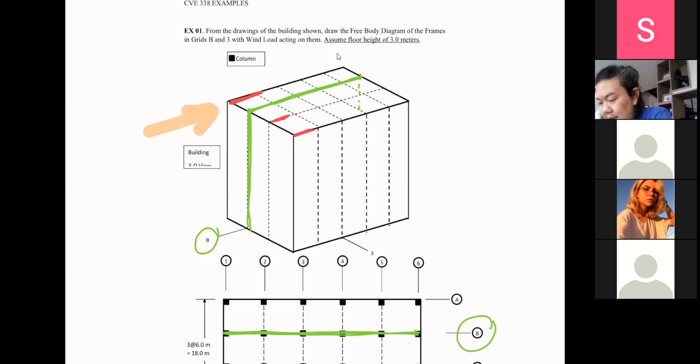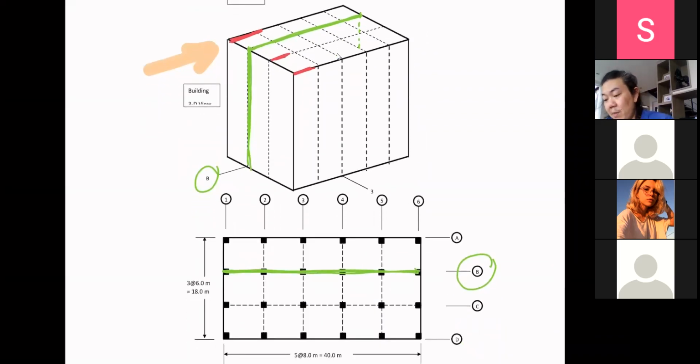Now let's take a look at the floor plan.